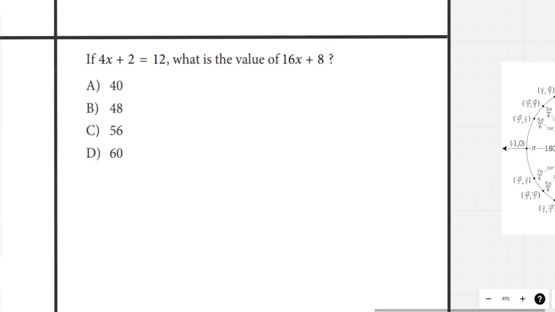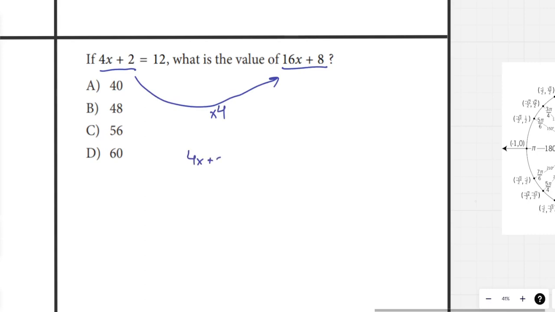This next one's pretty quick. If 4x plus 2 equals 12, what is the value of 16x plus 8? For this one, you could solve it out and solve for the value of x, and you would get something like x equals 5 halves. But there's a quicker way to do this. If you look at the similarities between 4x plus 2 and 16x plus 8, we can just multiply this whole thing by 4 to get to that one.